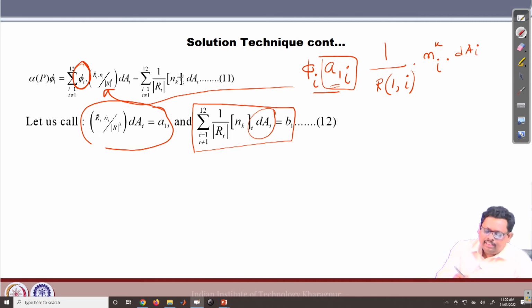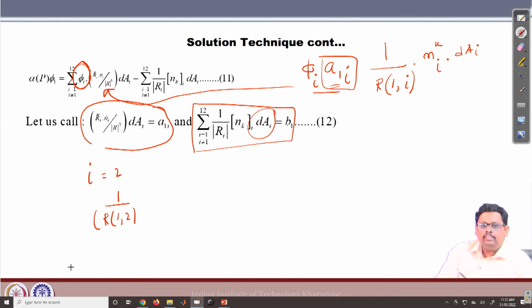Now, here this is nothing but addition. I am adding all the numbers, is it not? Because you see here, it runs from 2 to 12. So, let us say i is equal to 2. What is the value? The value is 1 divided by the distance between the first panel and the second panel.